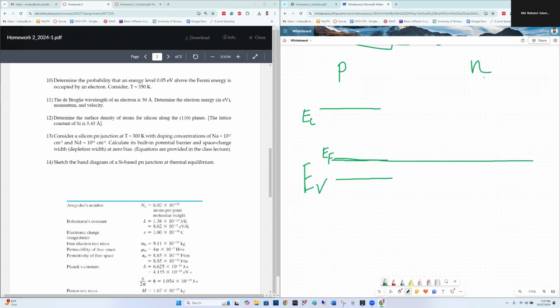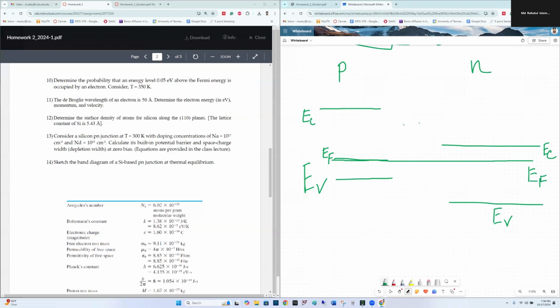For the n side, as you know, the conduction band should be closer to the Fermi level rather than the valence band. So I suppose this is the conduction band, and this is the valence band, because in the n region, EF should be closer to EC.